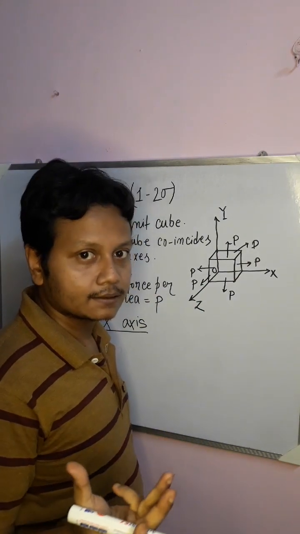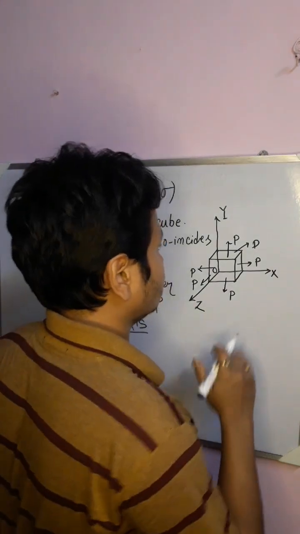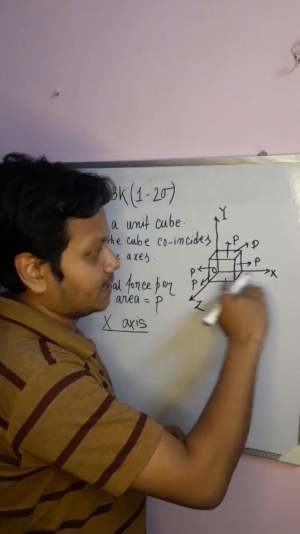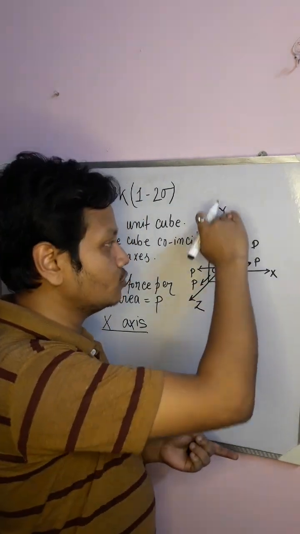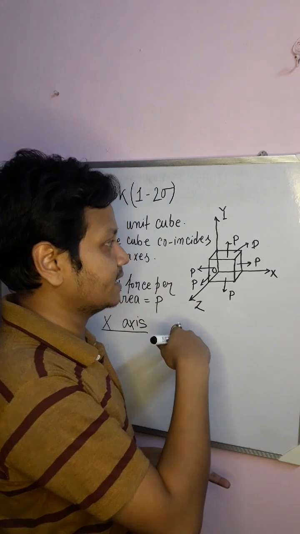Due to the force acting along the x-axis, the cube will be elongated along the x-axis. Similarly, due to this force, the cube will be contracted along the y and z axes.